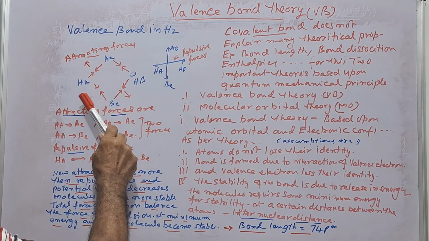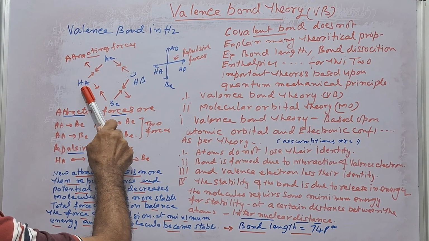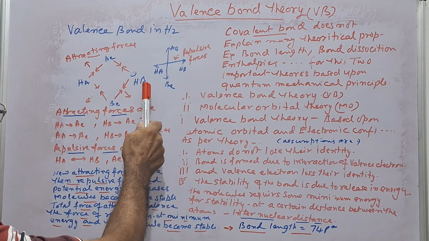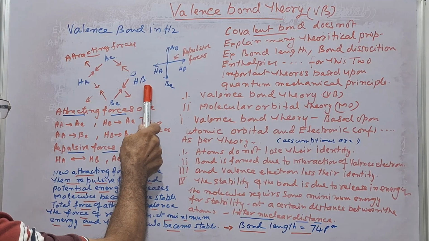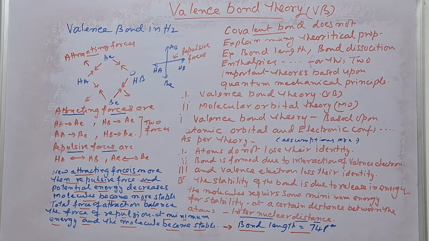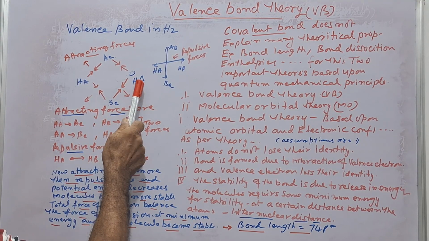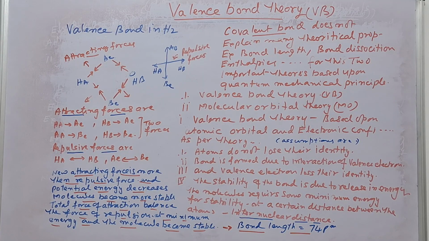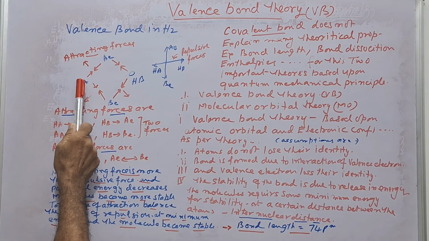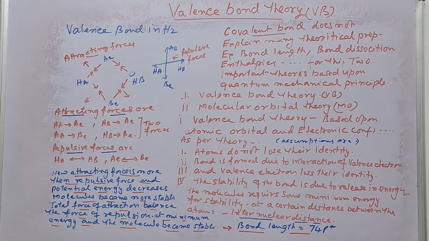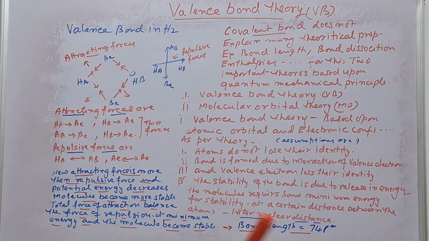One force of attraction is already there, that is nucleus of the A atom to the A electron, and the force of attraction of the B atom nucleus to the B electron. Now the other force of attraction is between the B atom nucleus and the A electron. In the same way, the force of attraction of A hydrogen atom nucleus to the B electron. So there are two types of attractive forces when they come close to each other.